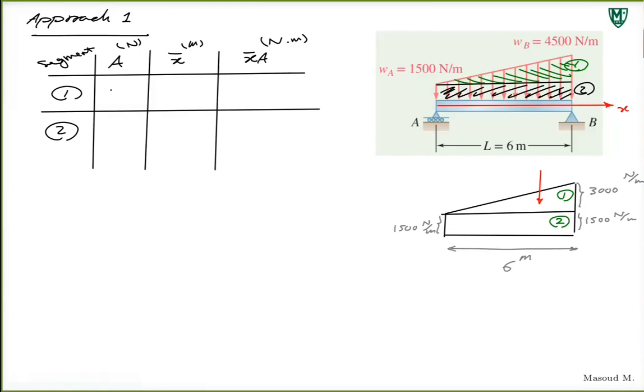So this becomes 6 times 3,000 divided by 2. You'll get 9,000 newtons.